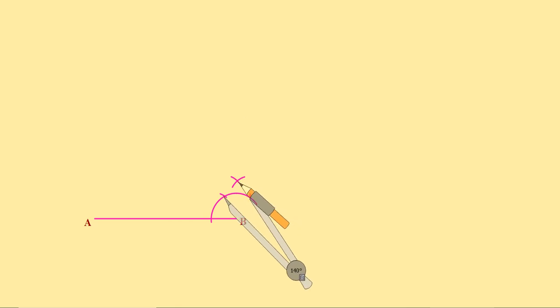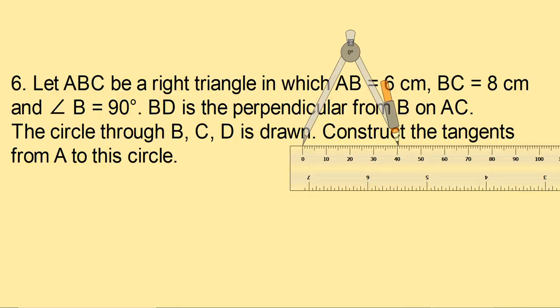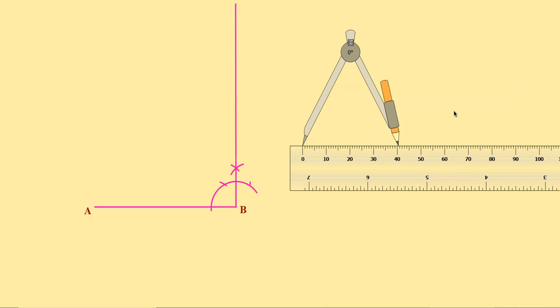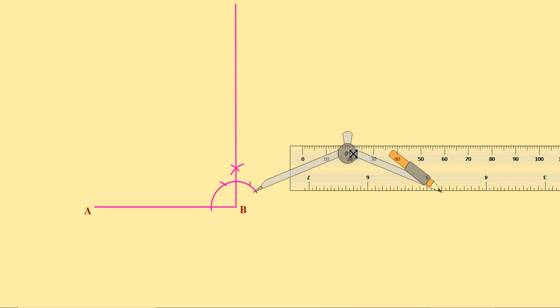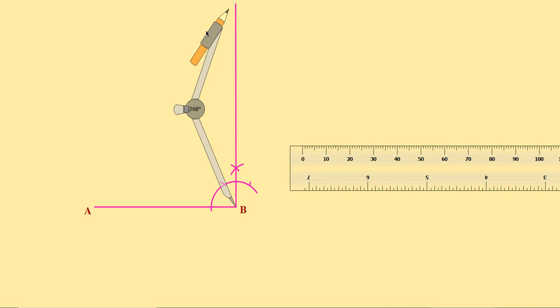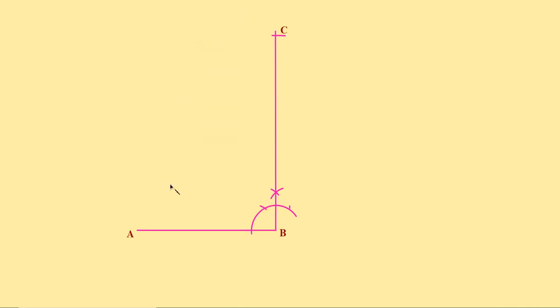Now join it. Now take BC equal to 8 centimeter. So take 8 centimeter, then with the center B, radius 8 centimeter, cut. Join AC, you will get the required right triangle ABC.